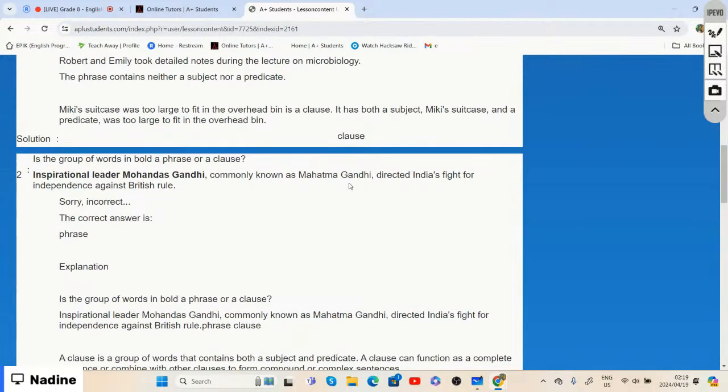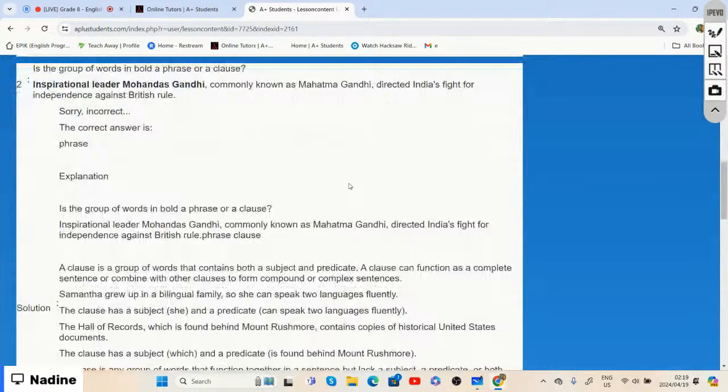We now need to look at the next sentence that is in bold. We need to say if it's a phrase or if it's a clause. Inspirational leader Mohandas Gandhi, commonly known as Mahatma Gandhi, directed India's fight for independence against British rule.